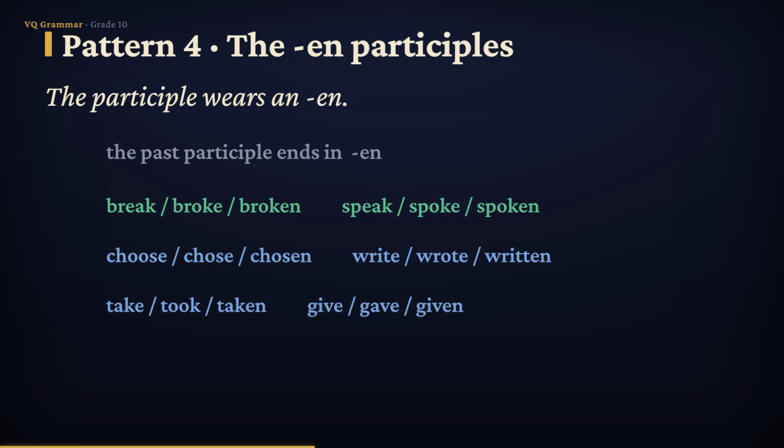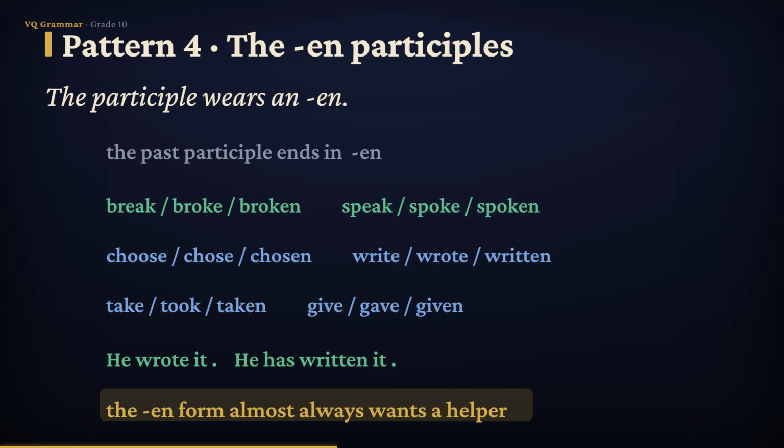Give, gave, given. Notice the shape of it. The middle form stands alone, and the en form is the one that shows up after a helping verb. He wrote the letter. He has written the letter. That little ending is a flag, and it almost always wants a helper standing in front of it.